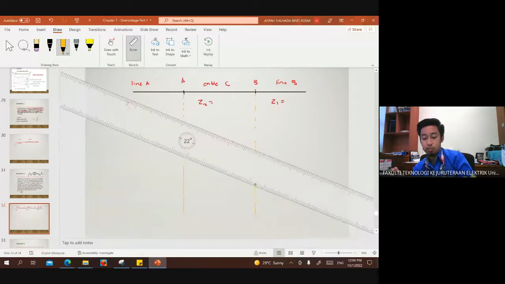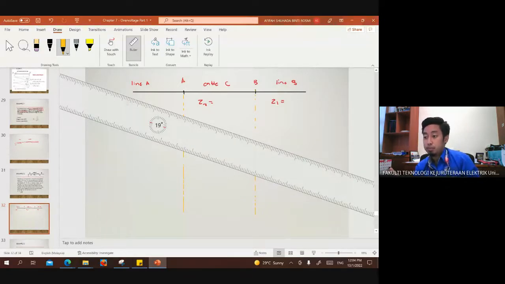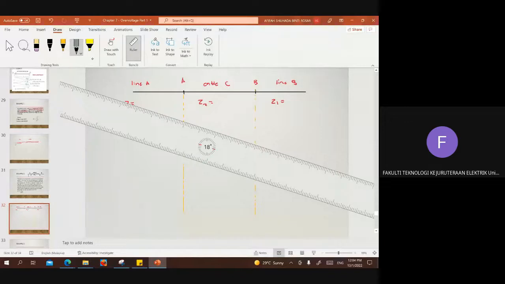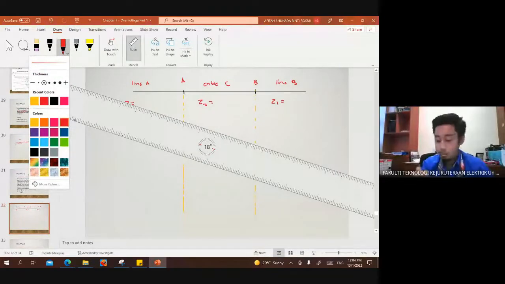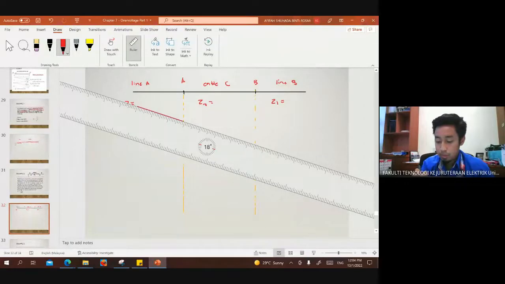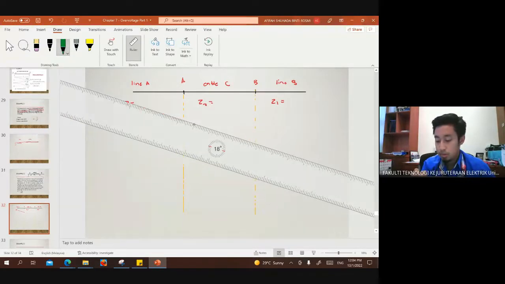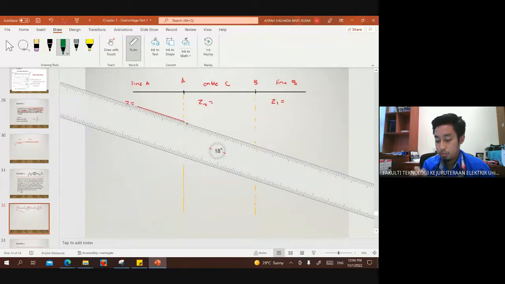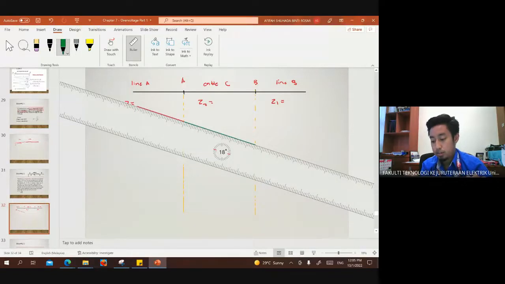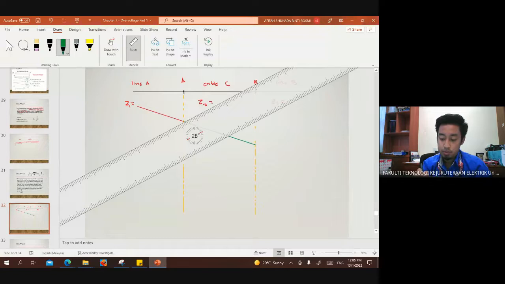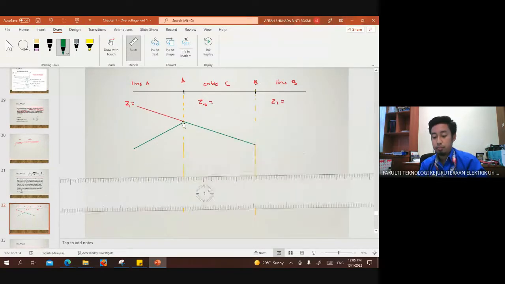Okay, kalau kita ingat balik, dia punya parameter, the properties, dia mesti turun kat sini and then dia akan transmit, dan dia akan ada satu reflect juga dekat sini. Okay.